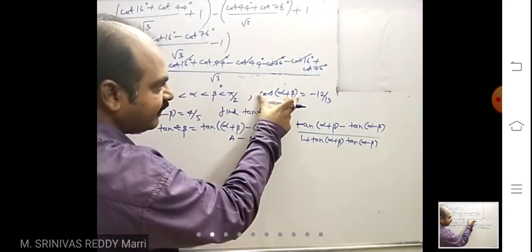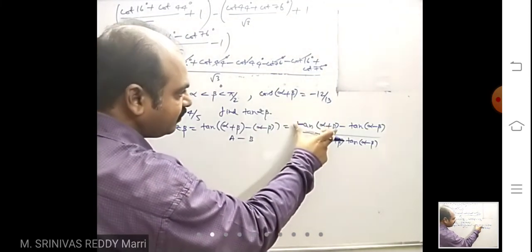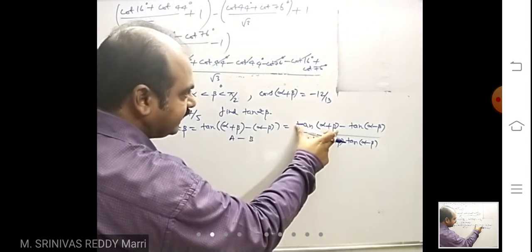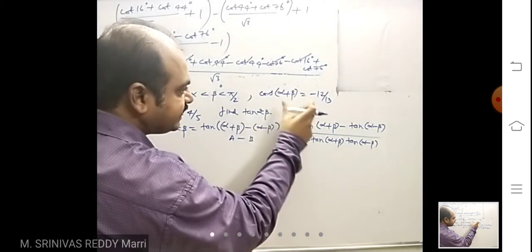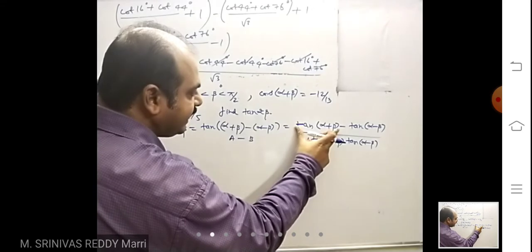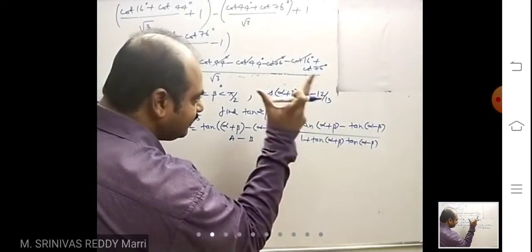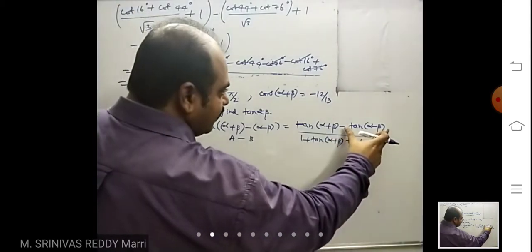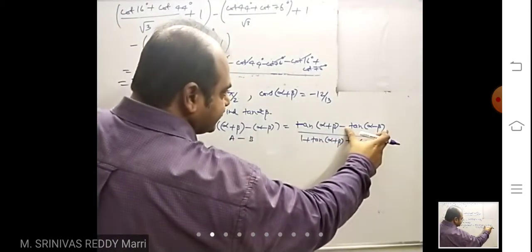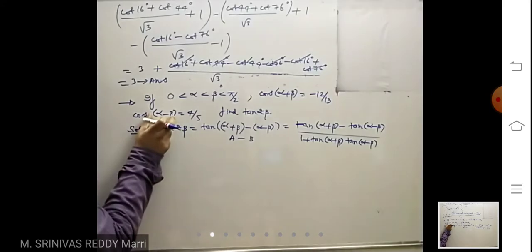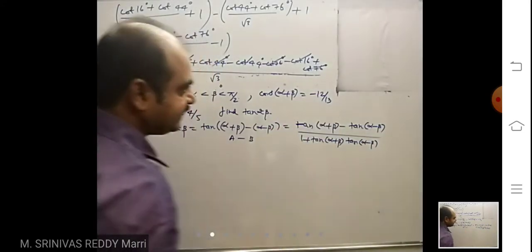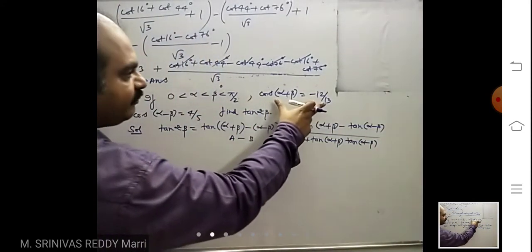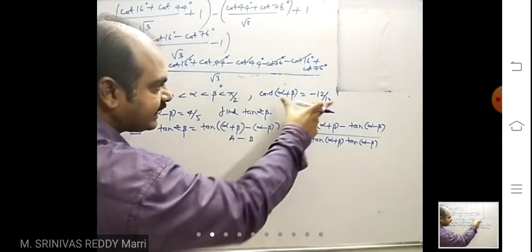Cos of alpha plus beta is given, and you have to find tan of alpha plus beta. If cos theta is given, you can calculate tan theta by drawing the triangle. Next, cos of alpha minus beta is given, and you have to calculate tan of alpha minus beta. That means clearly we have to draw the triangle and construct.